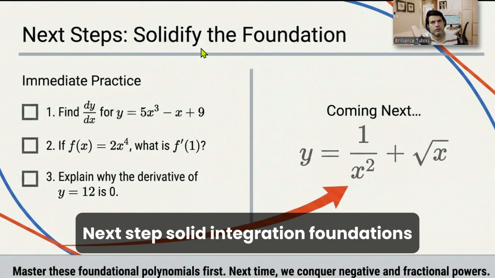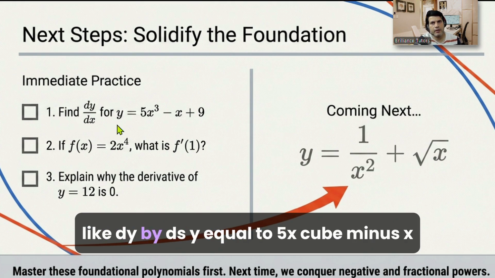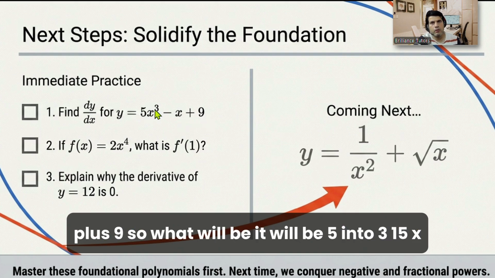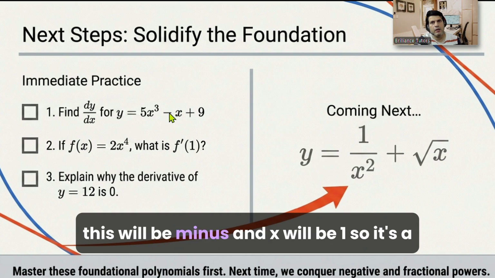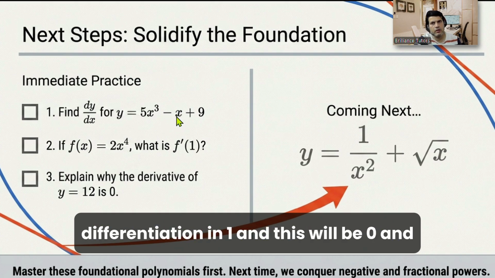Next steps, solidifying foundations: dy by dx, y equals 5x cubed minus x plus 9. So it will be 5 into 3, 15 x squared, 3 minus 1 is 2, so it is 15x squared, and this will be minus, and x will be 1, so the differentiation is 1, and the constant will be 0.